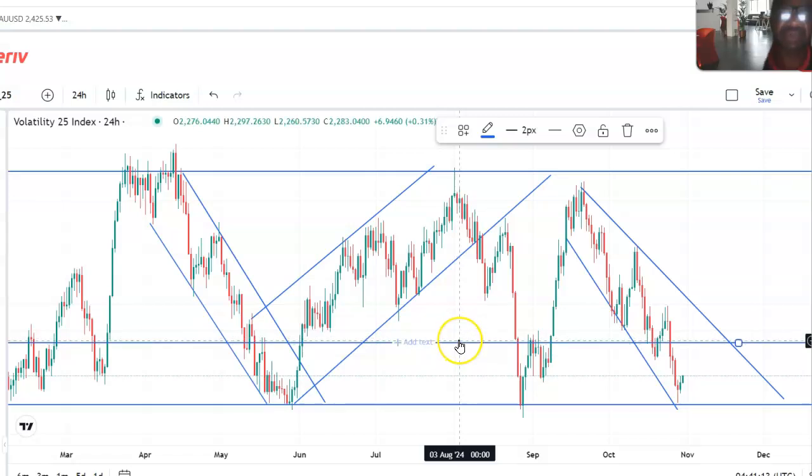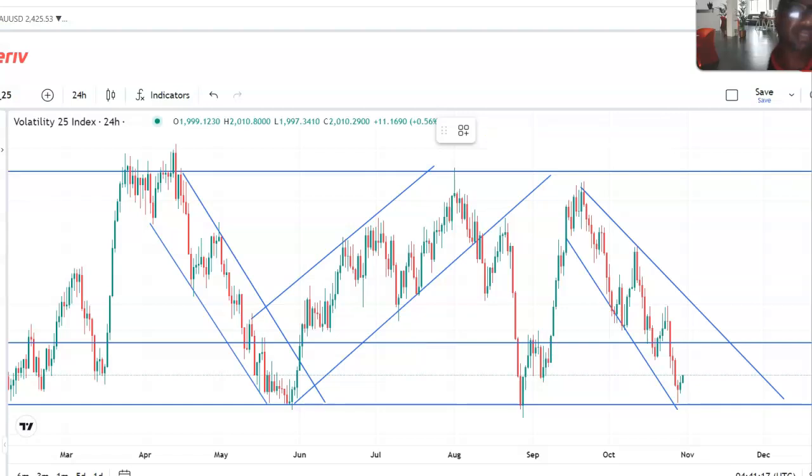You can also, okay, let me draw another trend line. This is another trend line here. Oh, sorry, my key level of support and resistance. So here is another one here. This is another resistance.